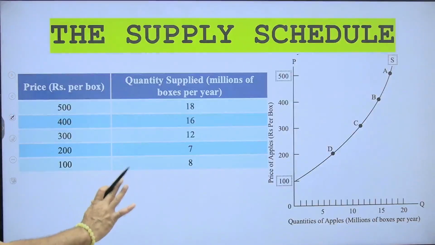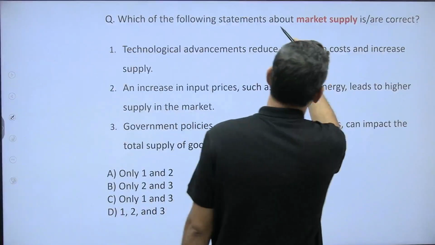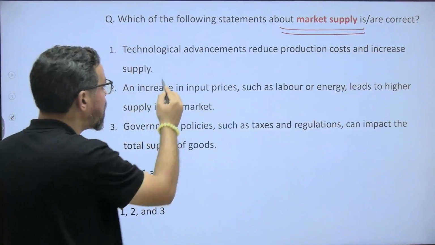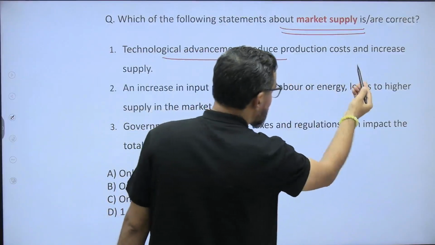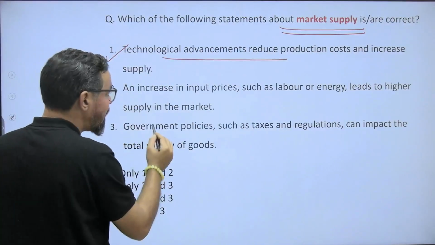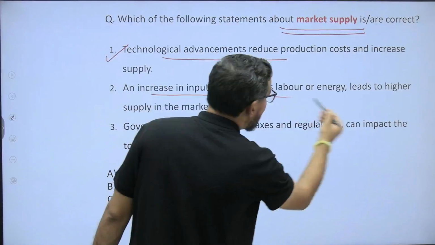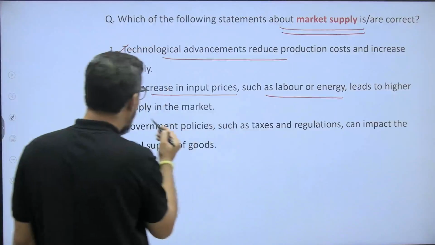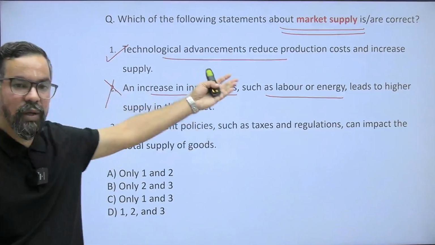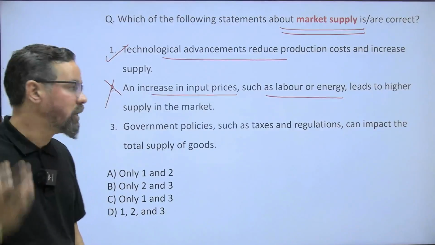Next one. So this is the supply curve which we have discussed earlier. Which of the following statements about market supply are correct? Technological advancement reduces production cost and increases supply. True. An increase in input price such as labor or energy leads to higher supply. No, this is wrong. If the cost increases, they do not want to sell more quantity at the same price, they want to increase the prices itself.